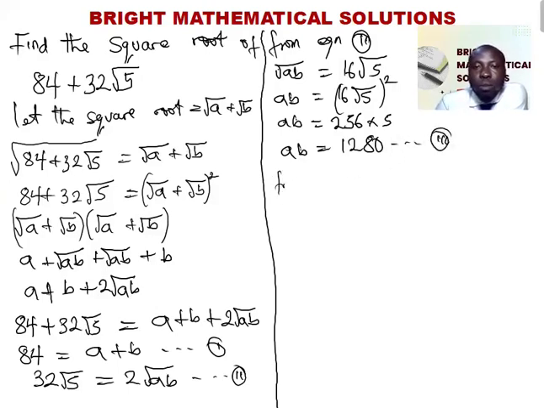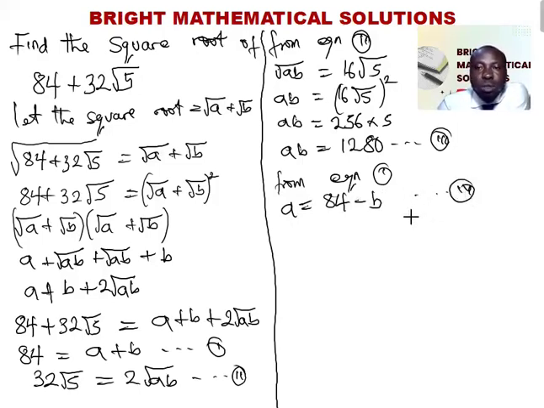Recall from equation 1, we have 84 equals A plus B. Let us solve for A in this expression such that A equals 84 minus B. Let us call this equation 4.